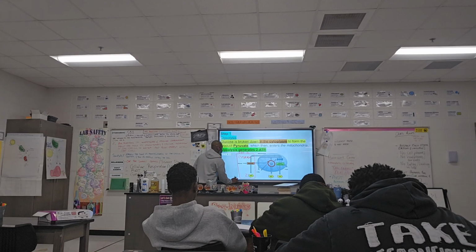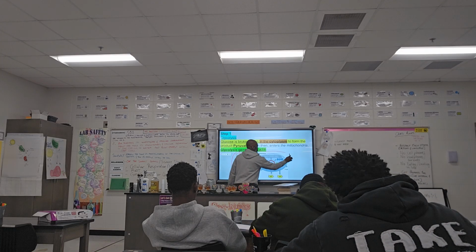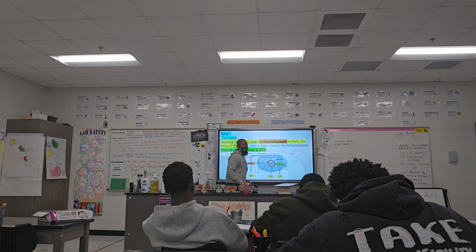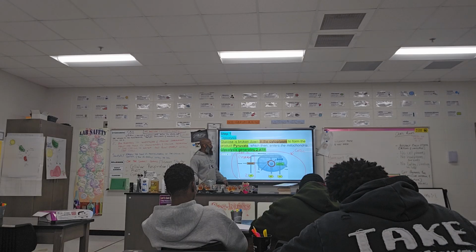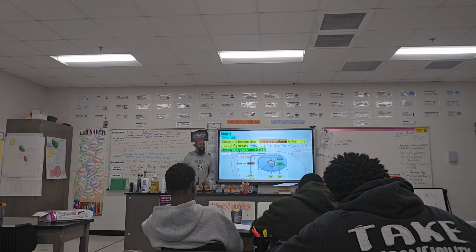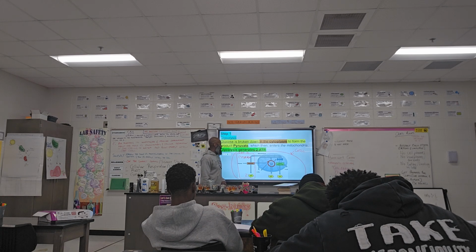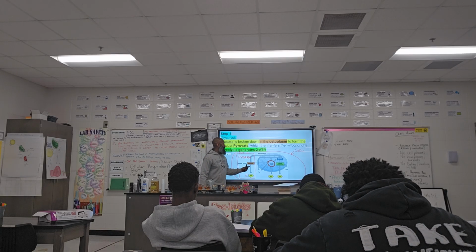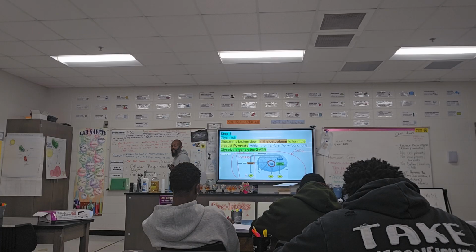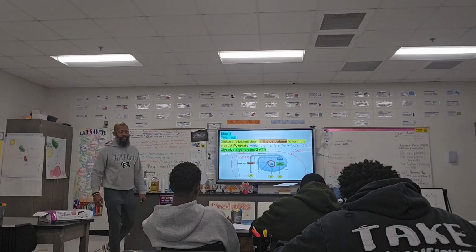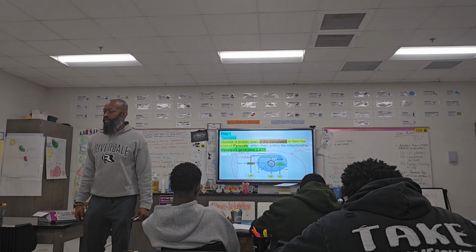Everything here is still all happening in the cell, right? All this is happening in the cell. Within the cell, the first step happens in the cytoplasm. And then that second step, once it turns to pyruvate, is able to go into the mitochondrion, and after you guys finish drawing, we'll talk about what that second step is once it enters the mitochondria. The more colors you use, the better.